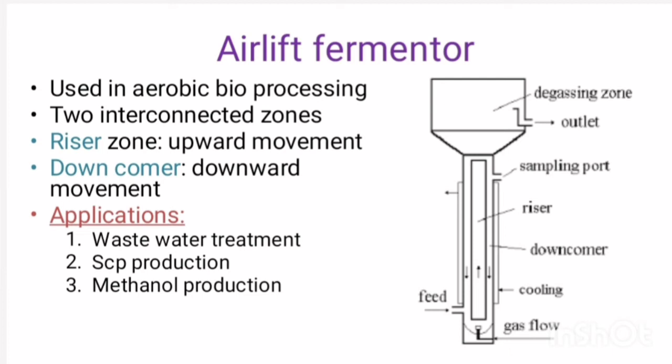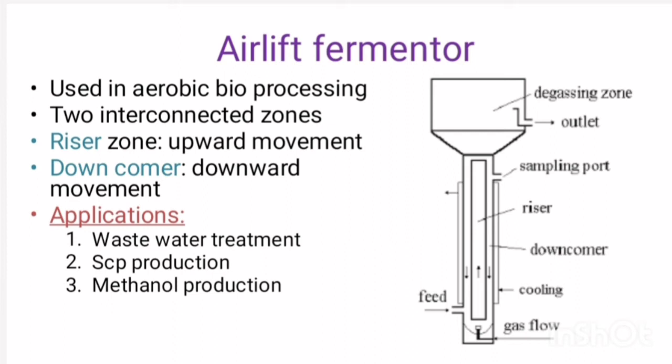In airlift fermenters, the medium of the vessel is divided into two interconnected zones. This division is by means of a baffle. One zone is called the riser zone and the other one is called the downcomer. The air is pumped through the riser.